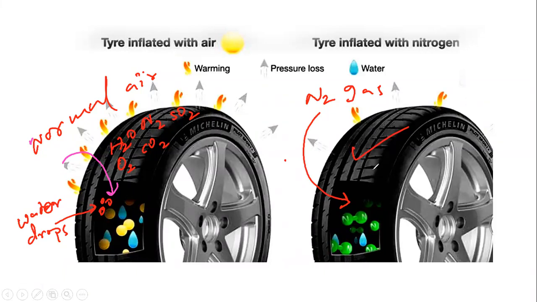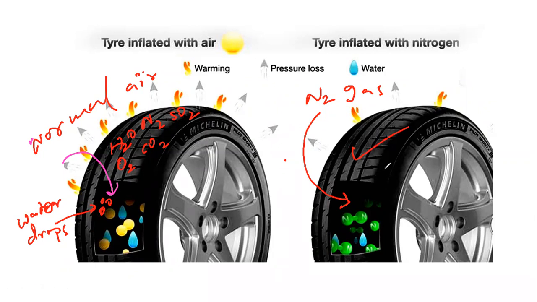Fuel economy increases, that means you can run 1 or 2 kilometers extra compared with normal air, because the gas is lighter than normal air, and the lifetime of the tire increases. The other benefit is you don't need to check the tire pressure regularly.